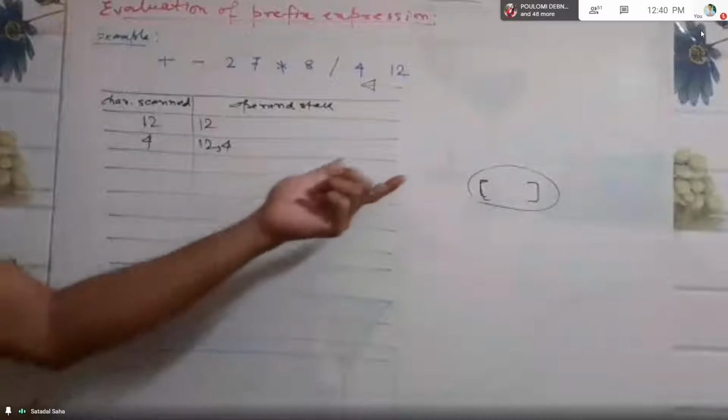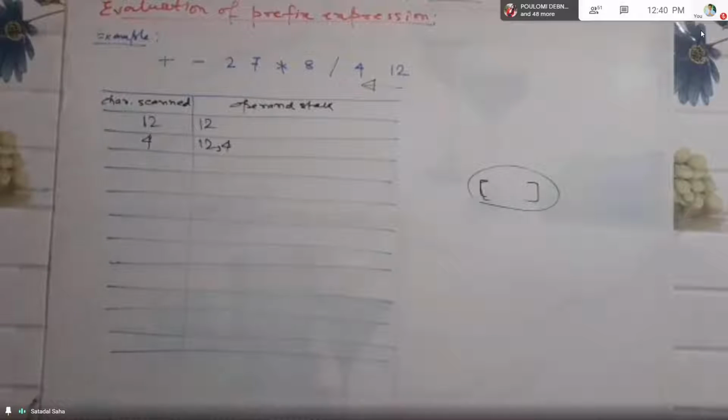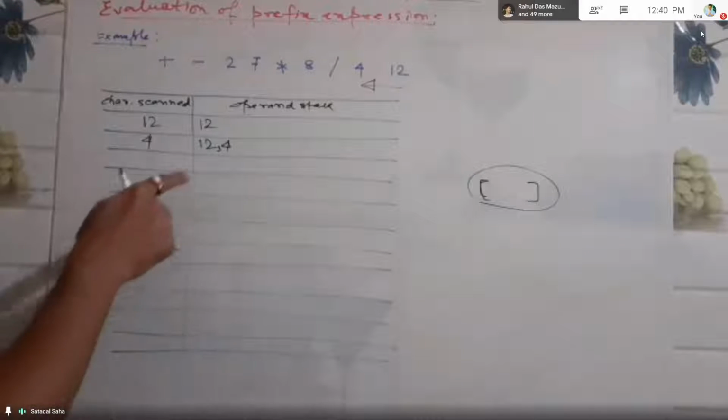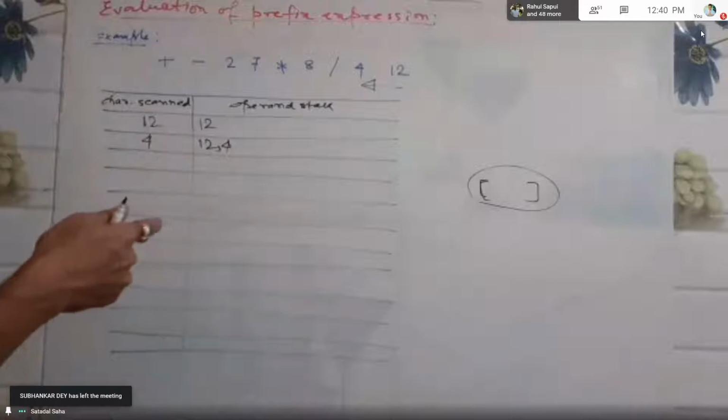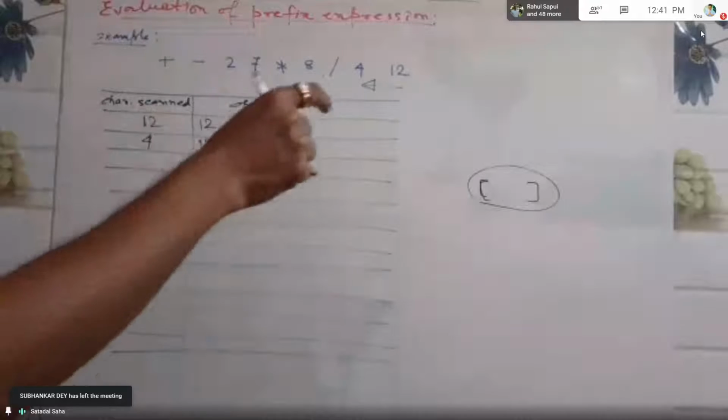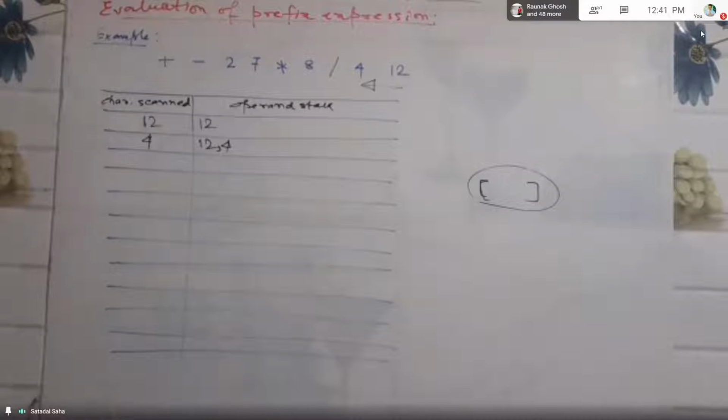So for our understanding, these square brackets are given and pushed into the operand stack. It is not a part of the stack actually. We need to put the result, and in the result there is no square bracket. Right now we are putting this comma because these numbers otherwise will become ambiguous. You can put a big space, no problem, but this should not be ambiguous.